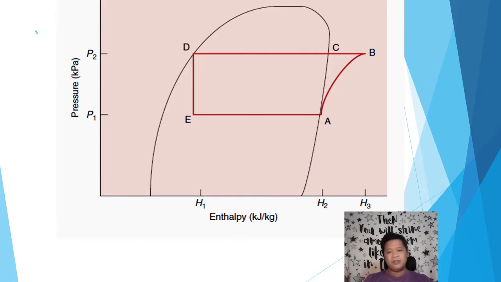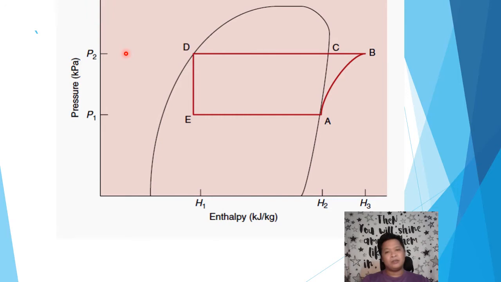Okay, so what happens here is, let's say from A to B, which is yung compression mo. So, that constant entropy process increases the temperature as well as the pressure of your gas. Then as you go to the condensation phase, you transfer heat from the refrigerant to the surroundings.